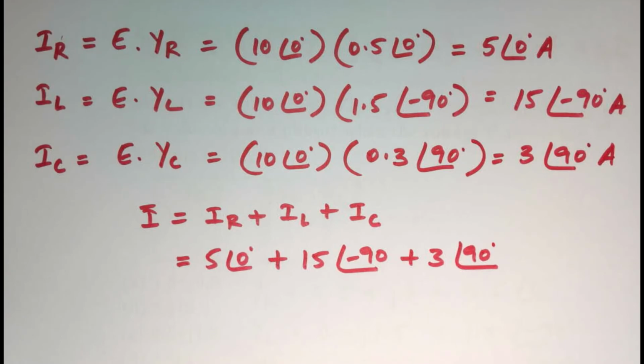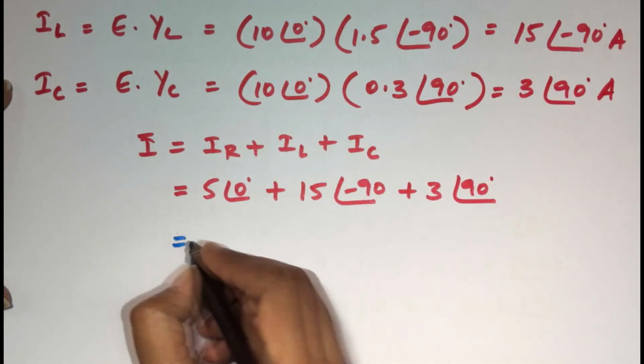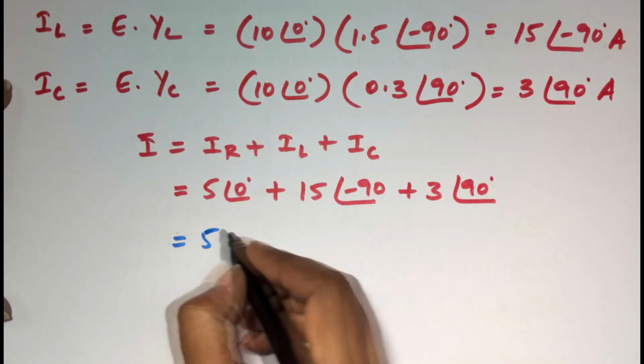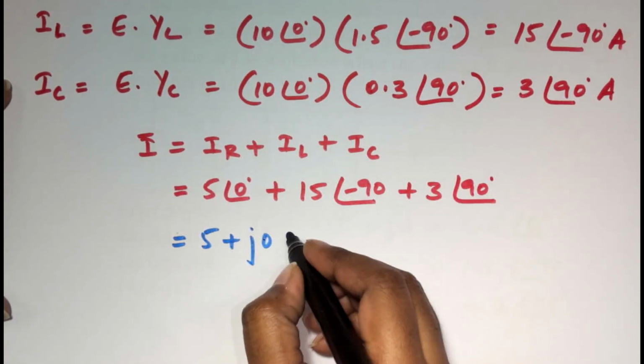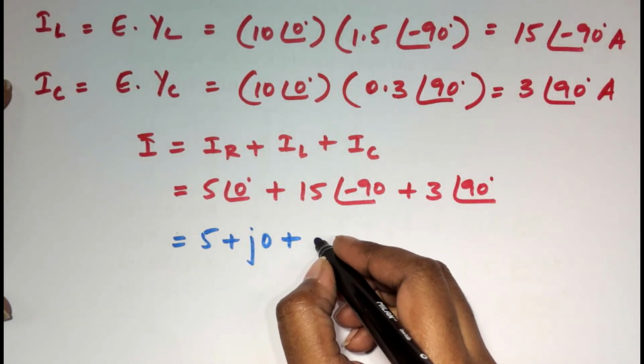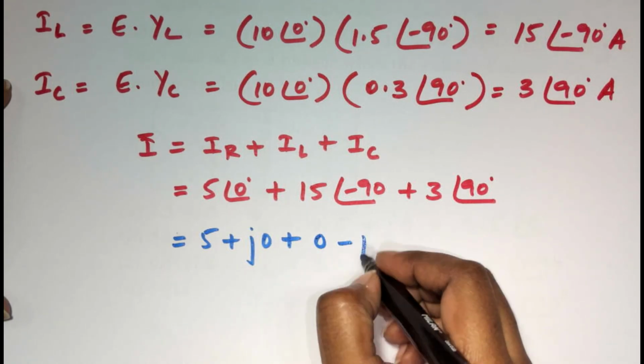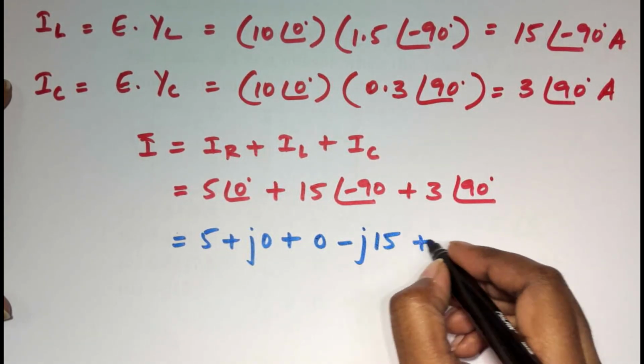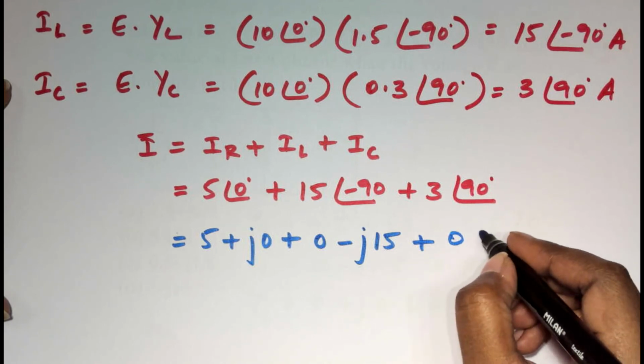Now in order to add the three, we have to convert them into rectangular form again. So let's do that now. 5 angle 0 is 5 plus J0, plus 15 angle minus 90 is 0 minus J15, plus 3 angle 90 would be 0 plus J3.